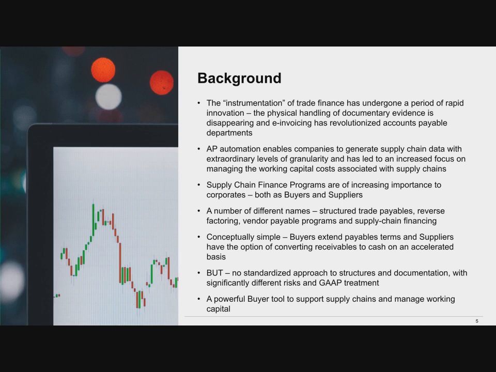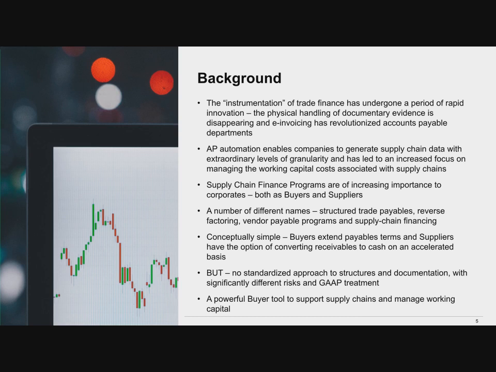Basically, buyers use these programs to extend payables terms. So, for example, a buyer that used to operate on a payables basis of 30, 60 days may stretch that out to 180 days or more. And suppliers, on the other hand, have the option of converting receivables to cash on an accelerated basis.